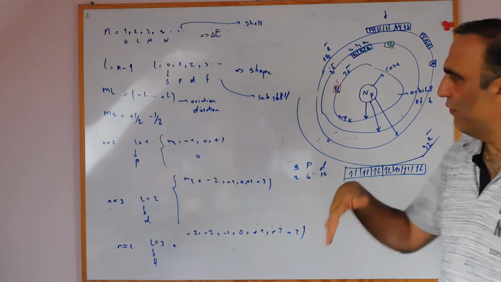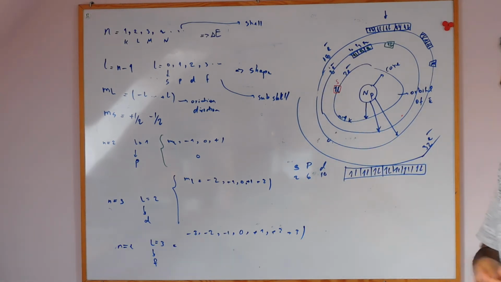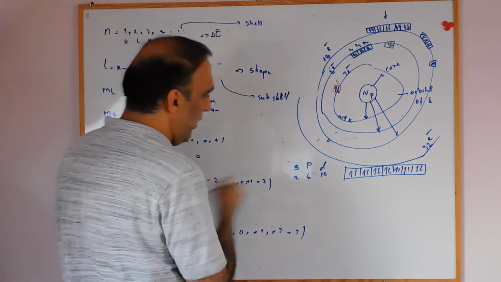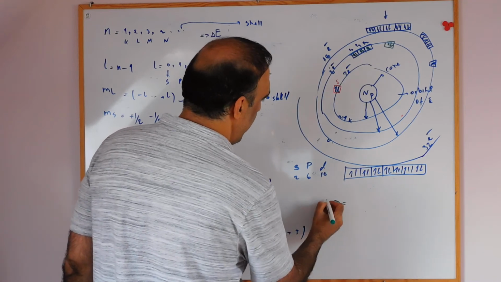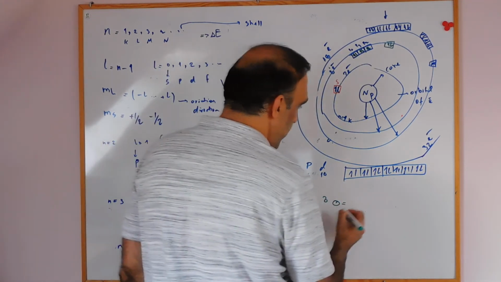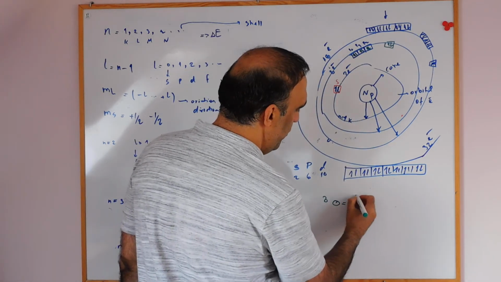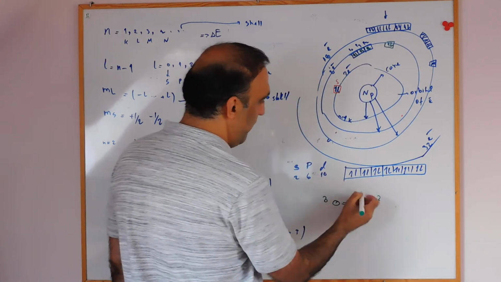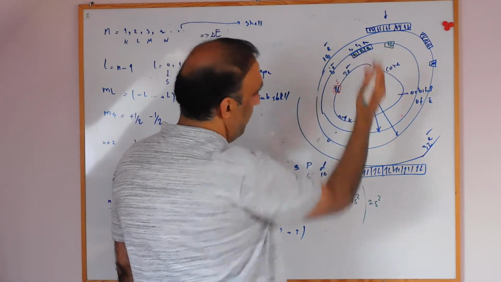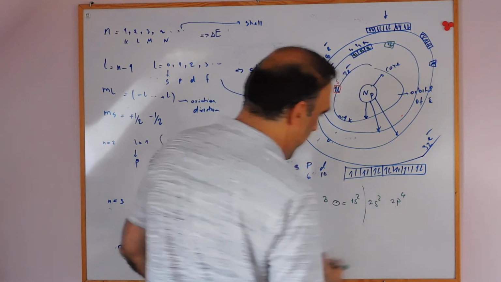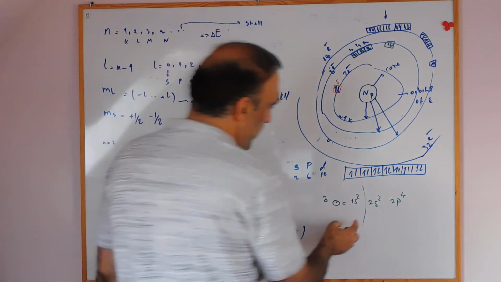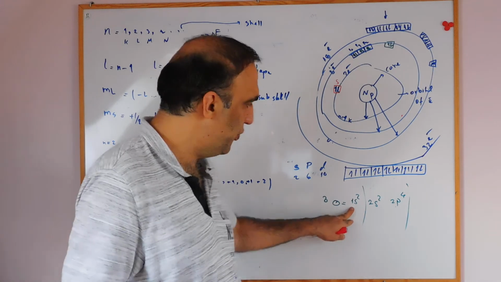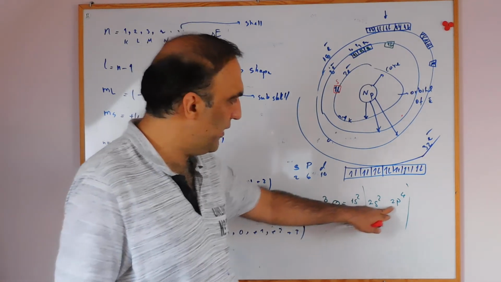But if we go on, for example, oxygen, the atomic number is 8. Okay? The first 2 electrons are 1s2 in the first shell, N equal 1, then 2s2 in the second shell, because we have a 2s and a 2p orbital, and 2p4. As you see here, it is the first shell and it is the second shell. In the first shell we have just the s orbital with 2 electrons, and in the second shell we have s and p electrons.